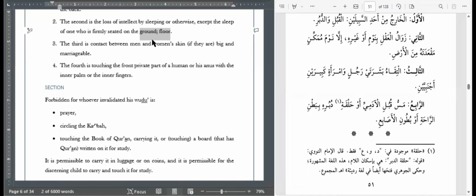It's the same rule. As long as your buttocks is firmly planted and you were sleeping, sitting up, and you woke up in the same position, then you still have your wudu. So why mention the ard here, the ground or the floor, if it's not a condition? Yani, his statement is criticizable, but maybe because he's trying to keep it easy for a beginner. So he said that.